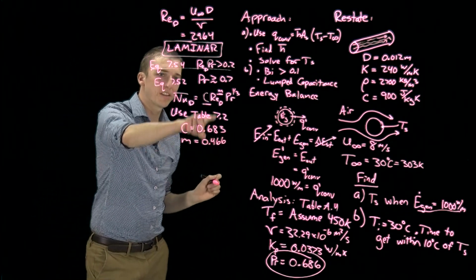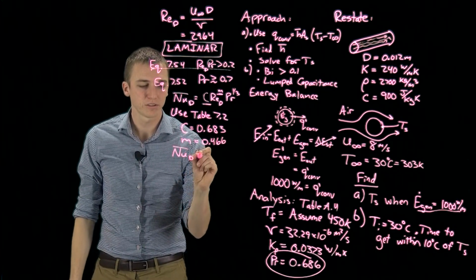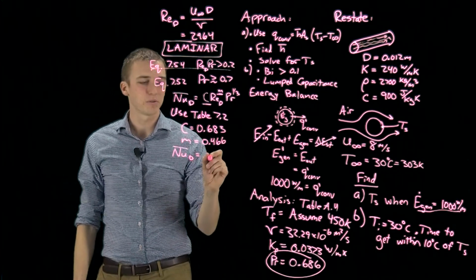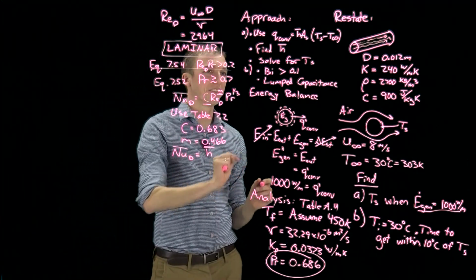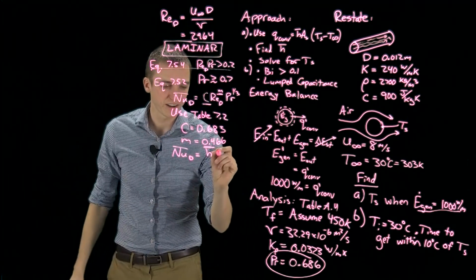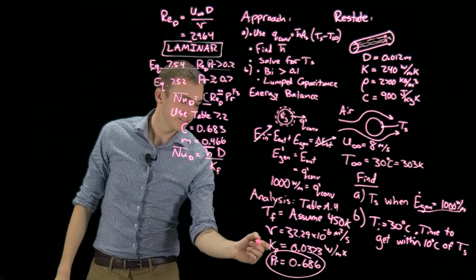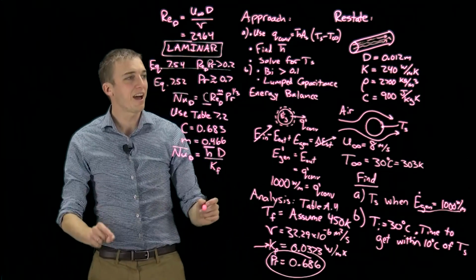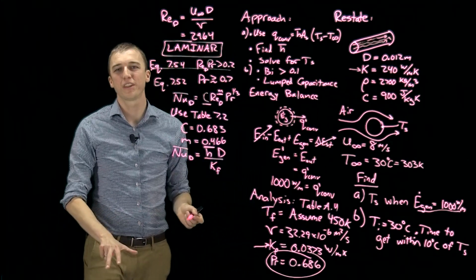So we can plug those right into there, and then recalling that the average Nusselt number is just going to be equal to the average h bar times our characteristic length divided by the thermal conductivity of our fluid, not the thermal conductivity of the metal. Do not get confused there.